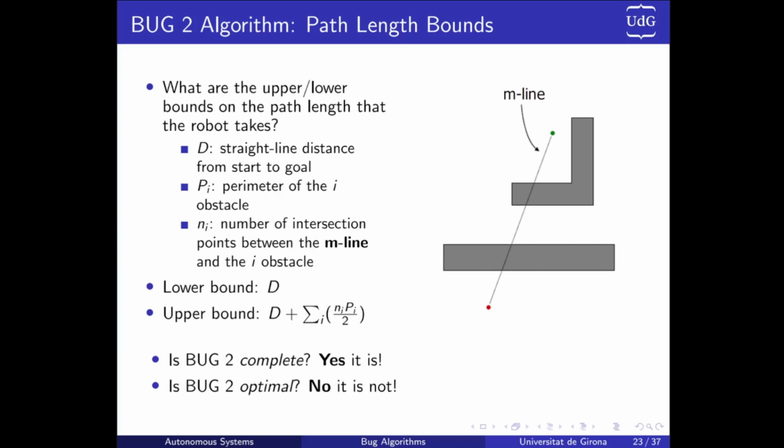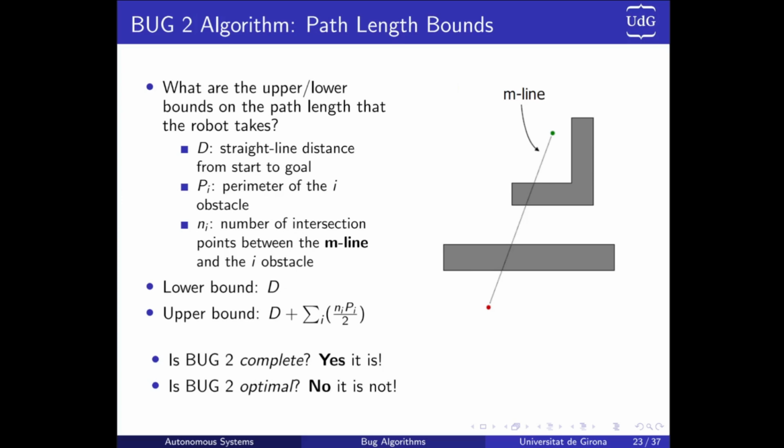Then the upper bound tells us that it is the minimum distance between this and this, plus the sum, we need to add the number of polygons times the number of intersections per polygon. This polygon, we have 2 intersections, times the perimeter of the polygon divided by 2. Then at least 1 time this polygon.